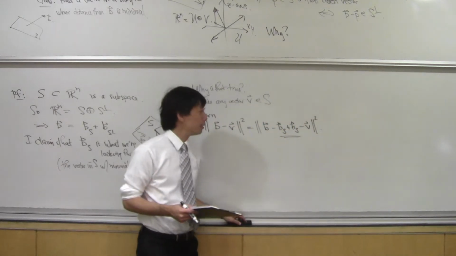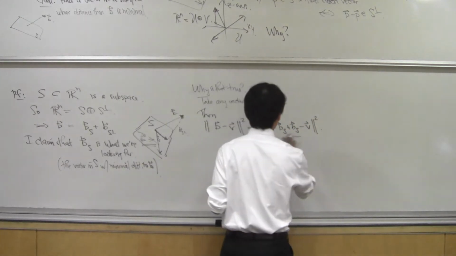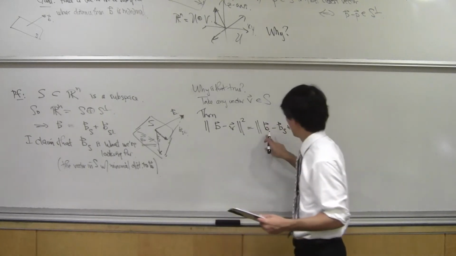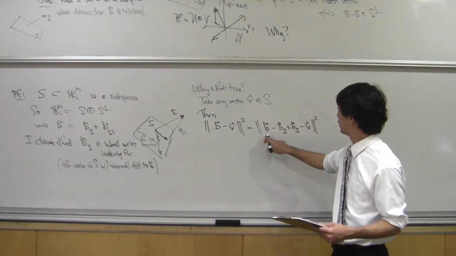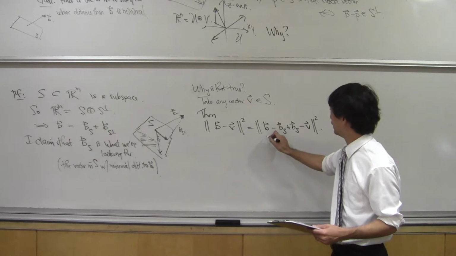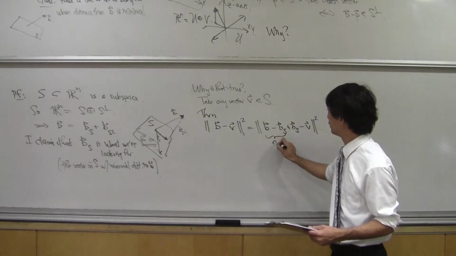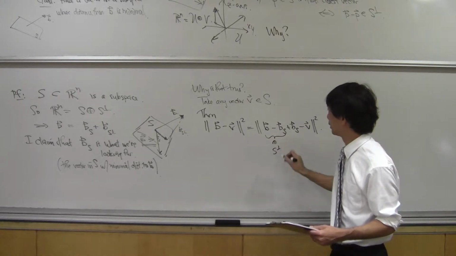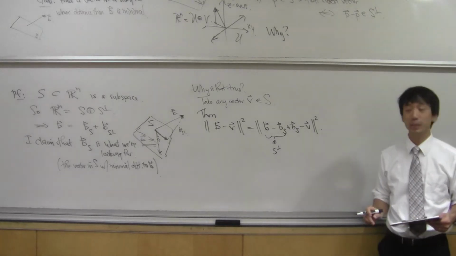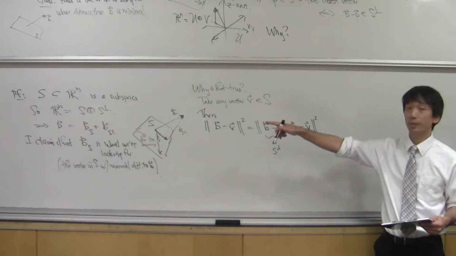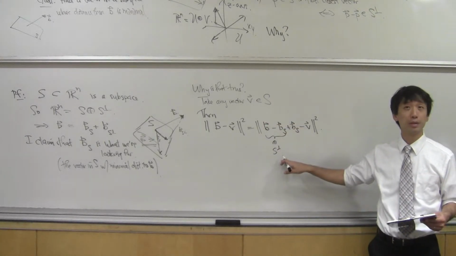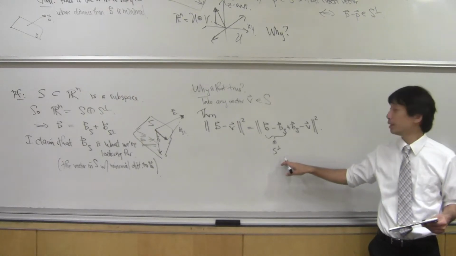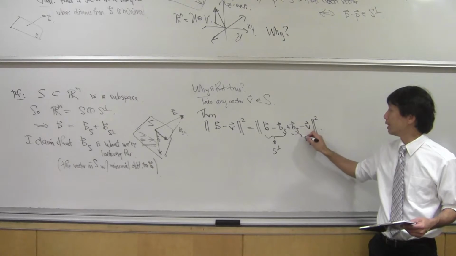Okay, and now we say, well, where is this thing? B minus BS is in S perp, right? So that's in S perp. Everybody okay? BS minus V, where is that?